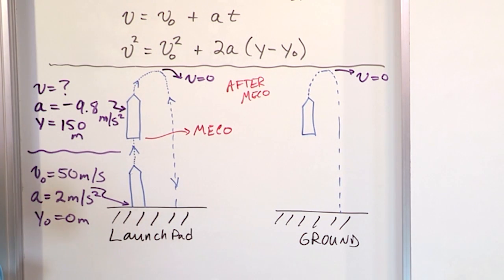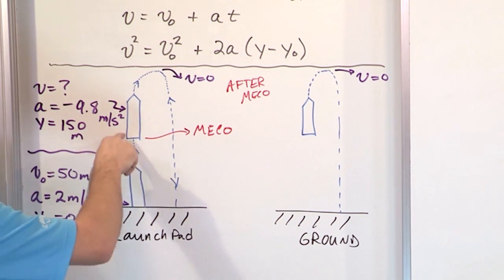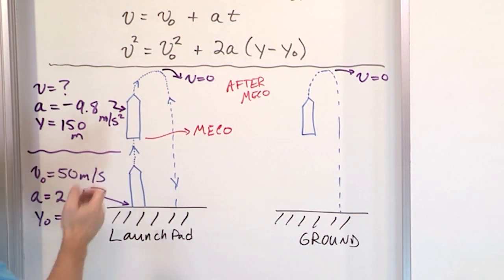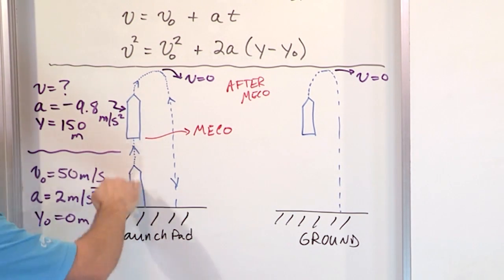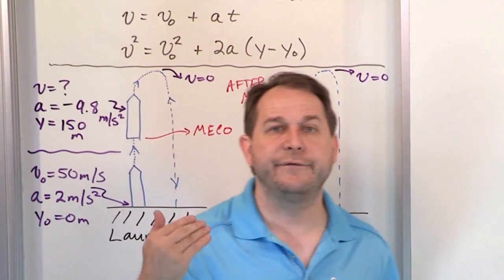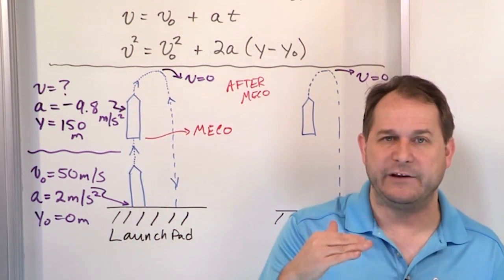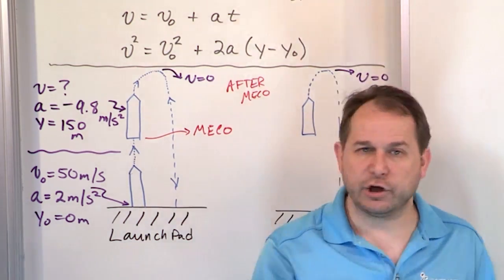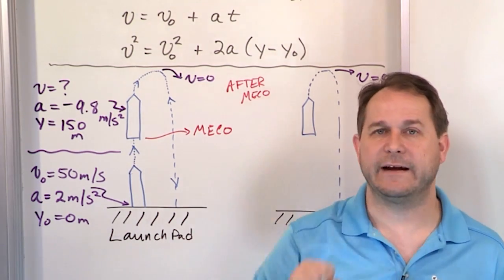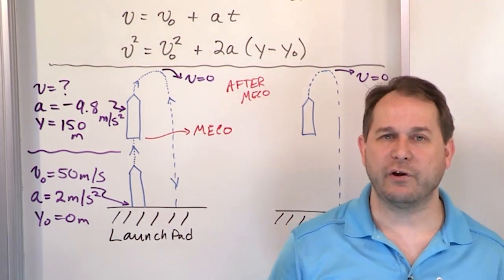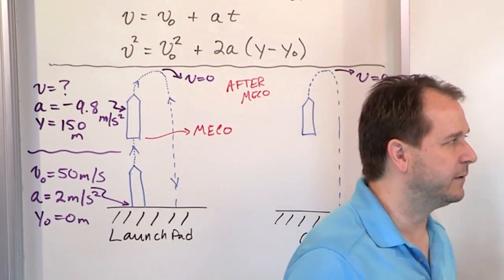I know the initial velocity off the pad. I know the acceleration. I know the distance, 150 meters, because that's the height at cutoff. The only thing left to find is how fast the thing is going. So find whatever you can at main engine cutoff, and then go back and look and see what you know again to figure out the next piece of the puzzle. So if you get stuck and you don't have a roadmap, just find what you can. That's kind of the bottom line.